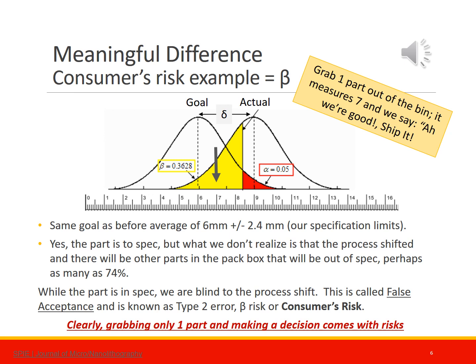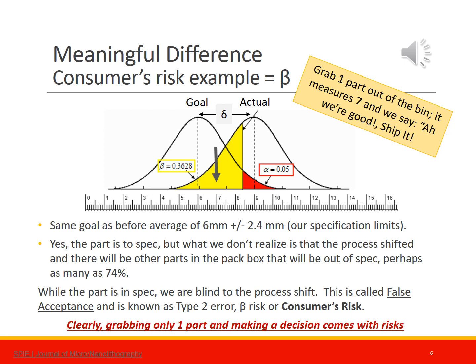So this time we run the process and grab a part and measure it, and it measures 7. And we say, woohoo, yes, we are good, these parts are great, the lot is accepted, ship it. But in this case, the part came from the yellow region of the other shifted actual distribution. Yes, the part is in spec, but what we don't realize is the process has actually shifted here.